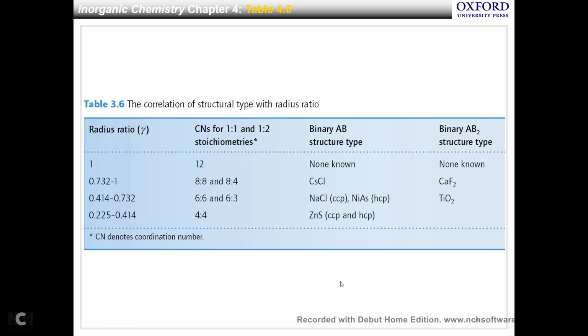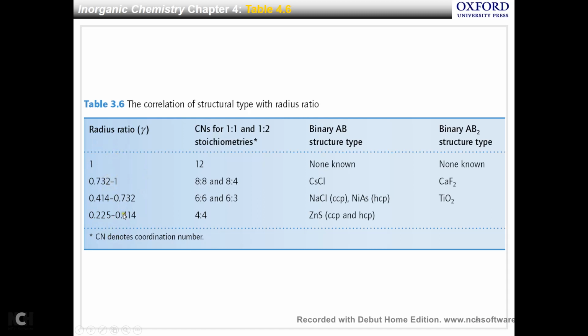The ratio between the ionic radii of the cations and anions also determines the structural type of the ionic compound. So what you need to do is first to compute the ratio. You always put the smaller ionic radius on top and the larger ionic radius on the bottom.